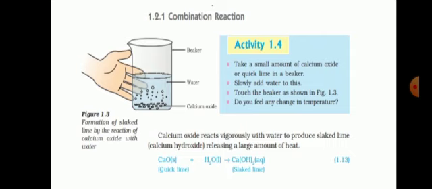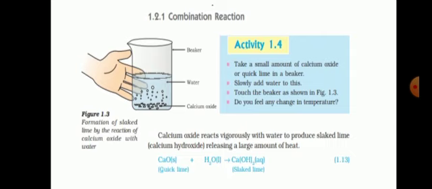Calcium oxide reacts vigorously with water to produce slaked lime, that is calcium hydroxide, releasing a large amount of heat. So a large amount of heat is evolved. This is an exothermic reaction. So combination reaction is basically an exothermic reaction.